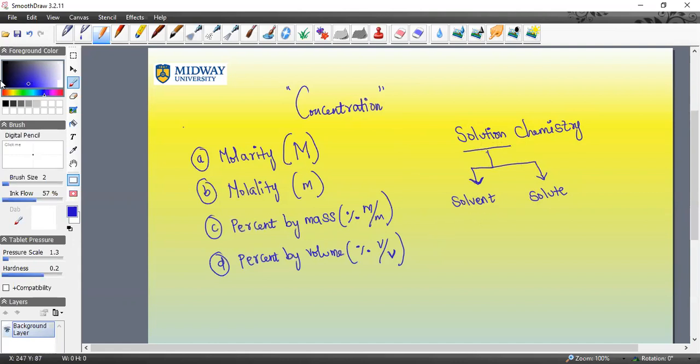Okay, let me get a different color, because I do want to emphasize this idea right here. A solvent is typically present in large quantity. A solute is typically present in small or minuscule quantities. I shouldn't use the word small, but that kind of works with the large part here.